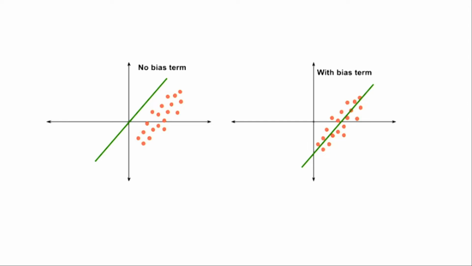And if we do not account for this bias, then the prediction from your estimated model will be very off. So adding a bias weight that does not depend on any of the features allows the hyperplane described by your learned weights to more easily fit training data that does not pass through the origin.